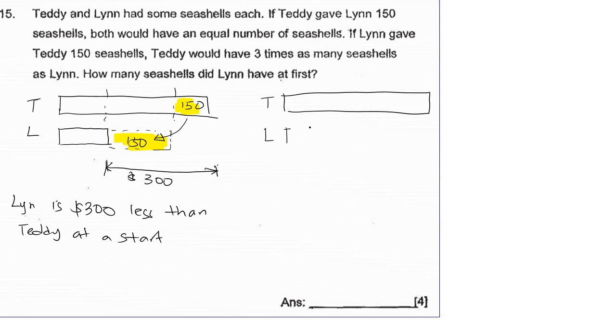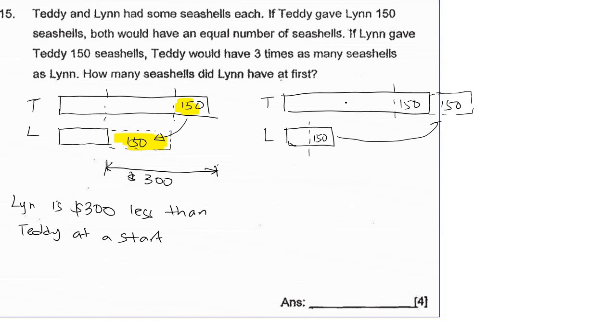So from the first, you already know that this portion here is 150, right? Because he gave 150. But the second scenario, he didn't give, but then here I know it's 150. But it says that if this lady here gives 150 to him, so here is add another 150. Okay.